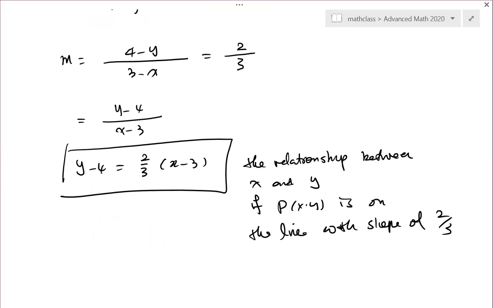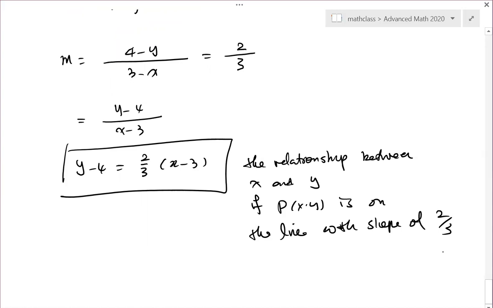That is called a linear equation. There's no x squared there. Every line you can describe using an equation. You want to use algebra to describe the line, and this equation describes the relationship of the coordinates for an arbitrary point on the line.